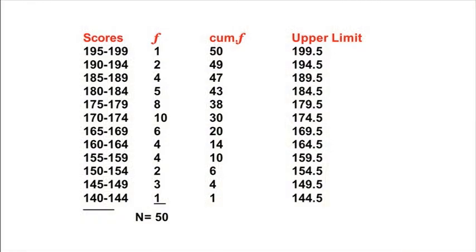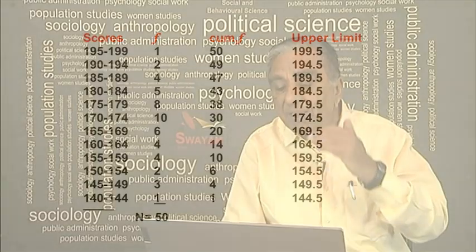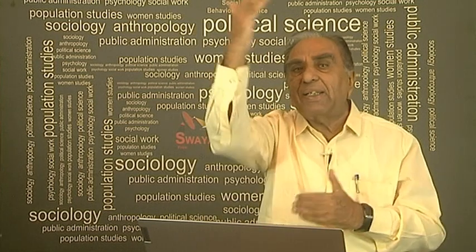Then I have given the upper limit. For 140 to 144, the upper limit of this class interval is 144.5. Then for 145 to 149, it is 149.5. What does upper limit mean? Upper limit means up to what extent this score can go higher.